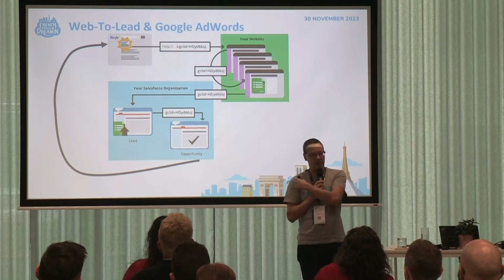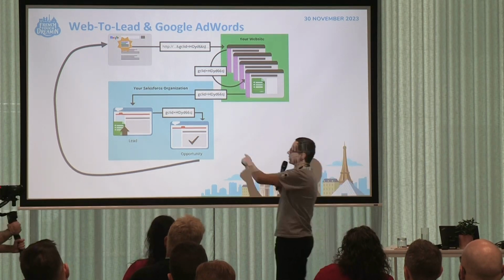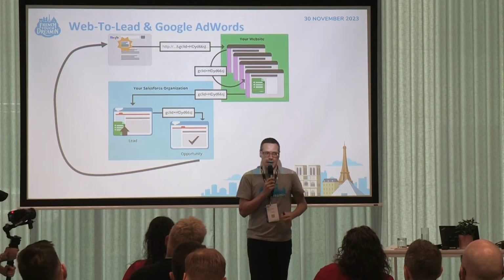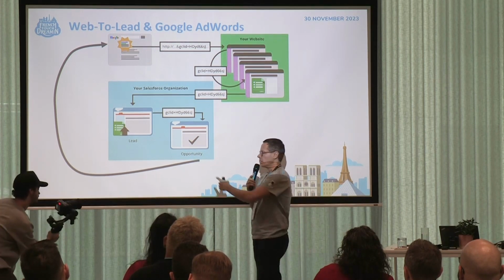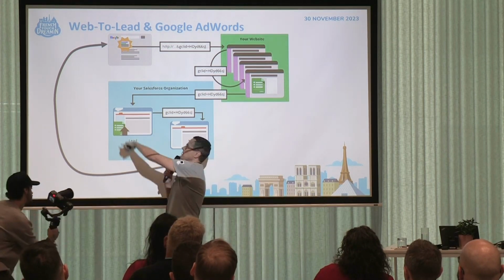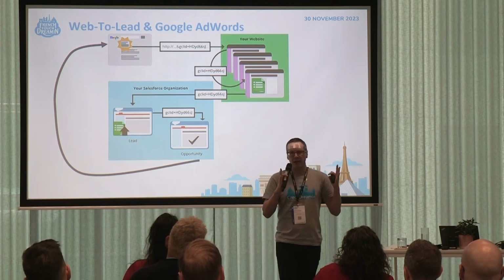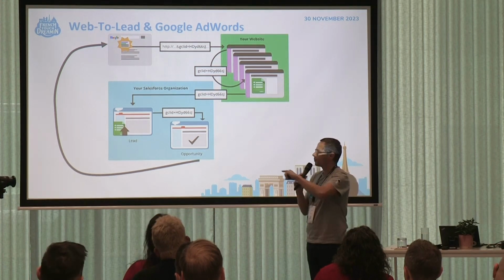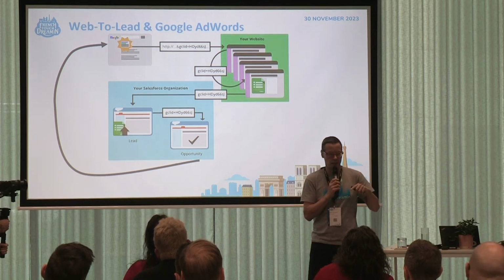So again, the same way you track it, you will get it with the Web2 lead on your lead and eventually on your opportunity. And then what Google AdWords can do is automatically or manually get the information from leads and opportunities back. If your sales cycle is less than 90 days, it can improve the ads based on the results.